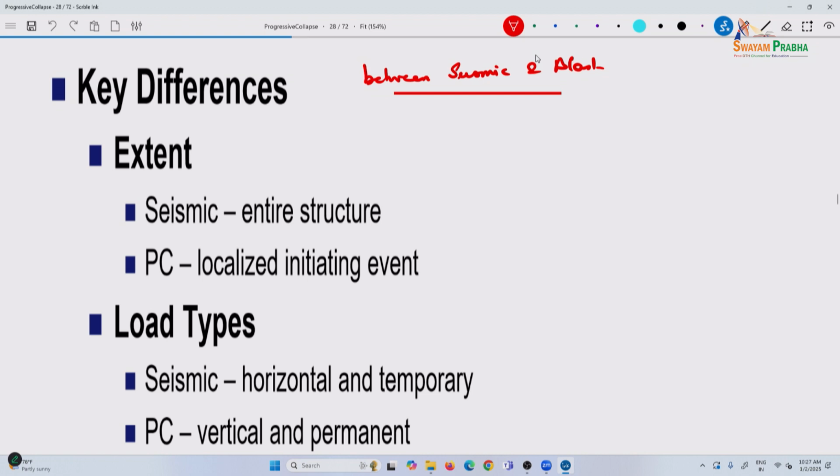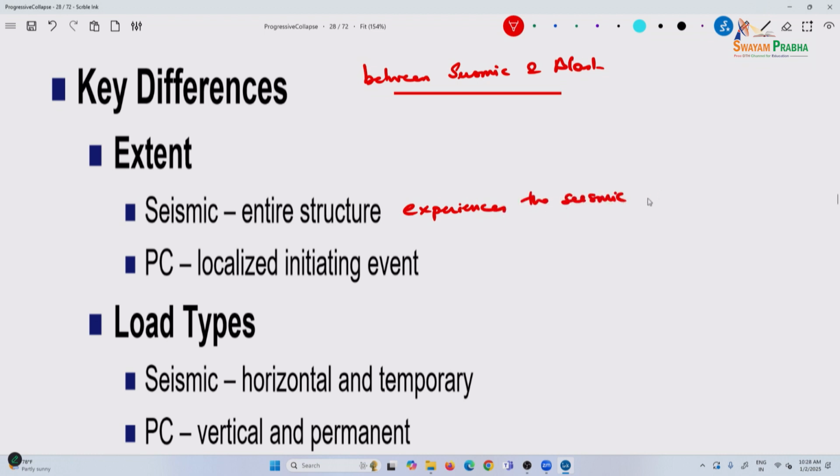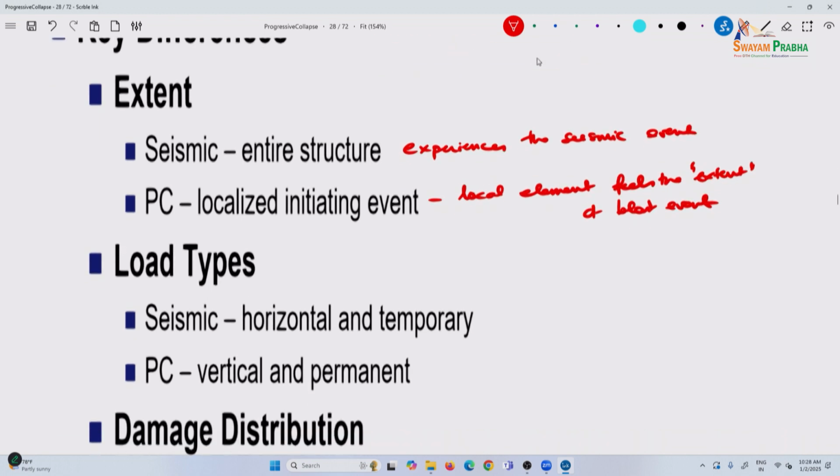But here the localized element first experiences the largest extent of the blast event, and then of course it does progress. So the response is still localized.